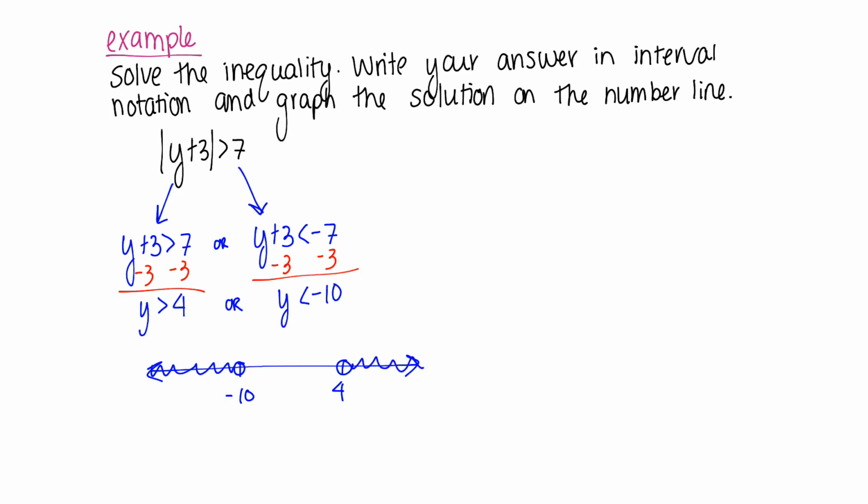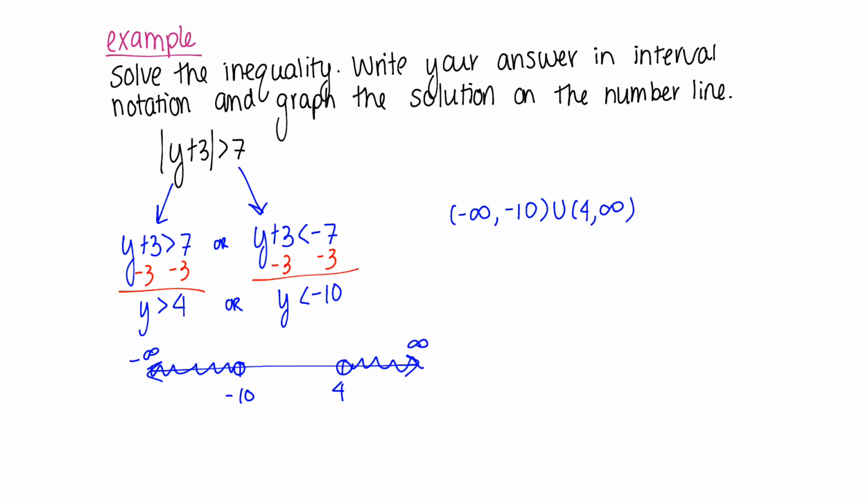And you're shading the tails because you have two different inequalities. So here's the less than -10 part, and here's the greater than 4 part. For your interval notation, you start at -infinity and go up to -10, parenthesis, because you have an open circle, union 4 to infinity.